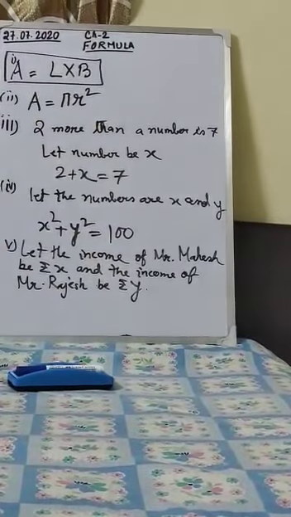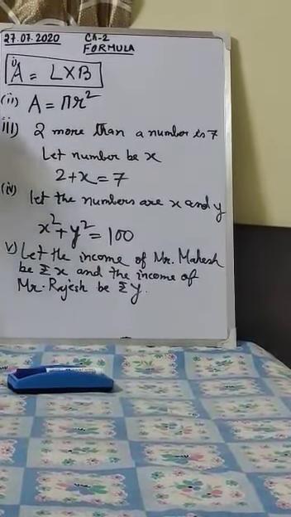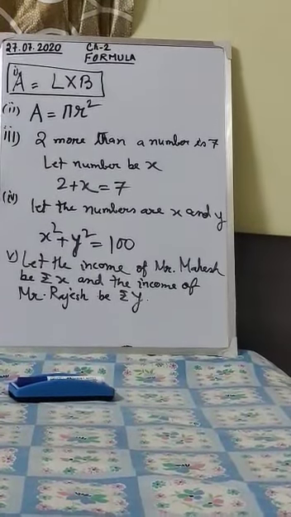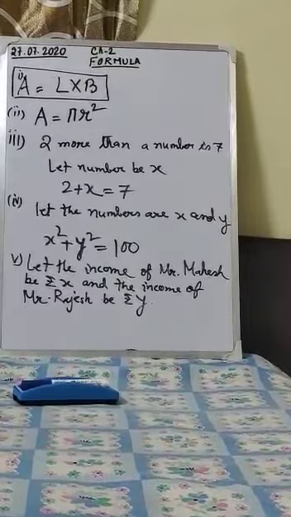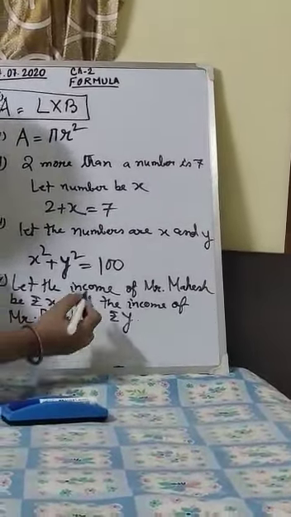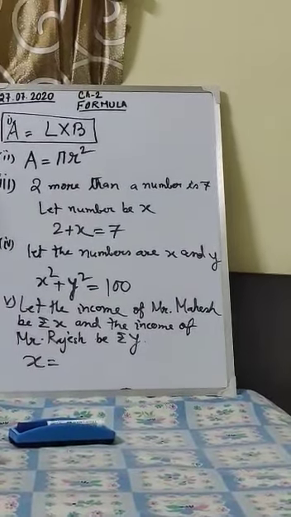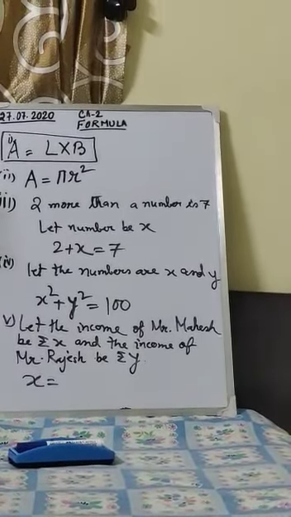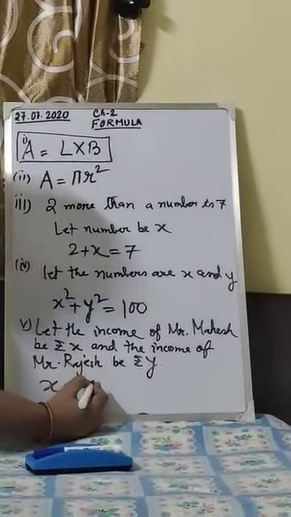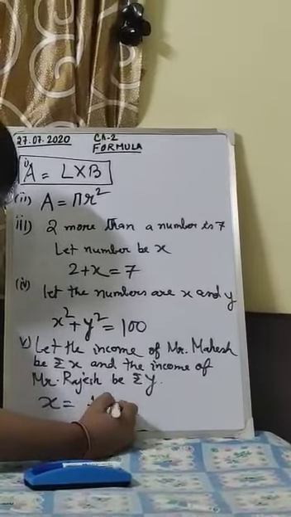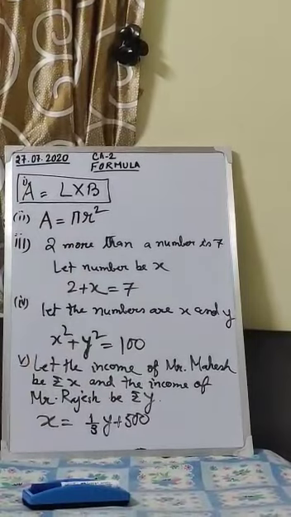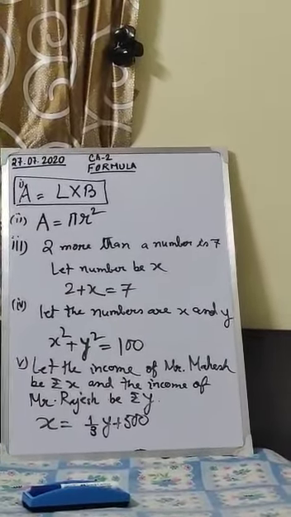Now the relationship between income of Mr. Mahesh, that is x, and the income of Mr. Rajesh, that is y, is what? That means x is equal to 500 more than 1/3 of the income of Mr. Rajesh. This is the relationship between the income of these two persons.